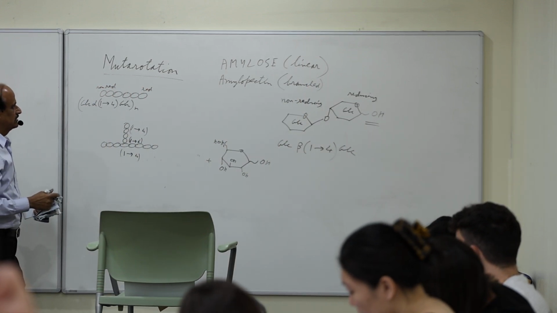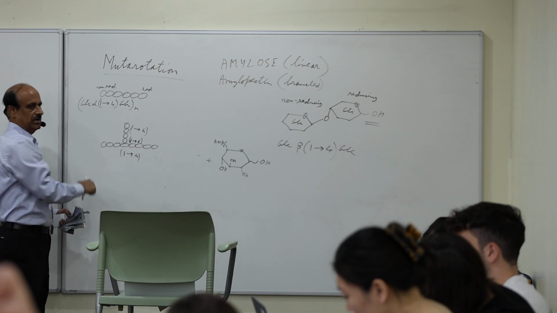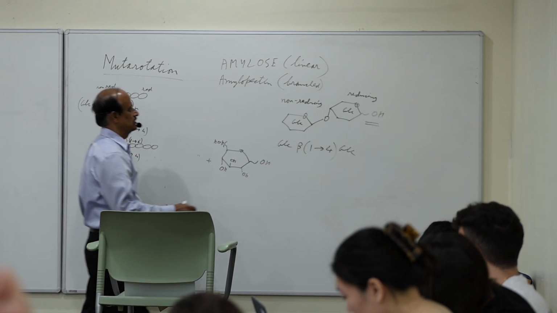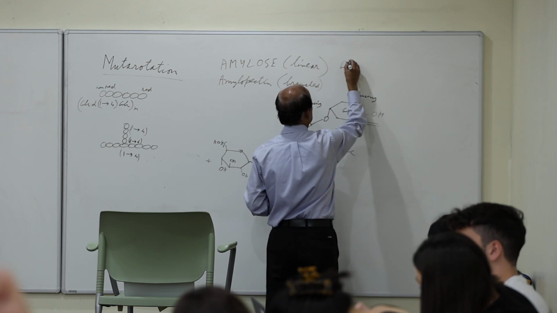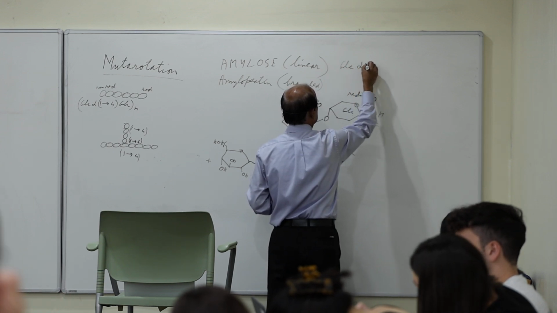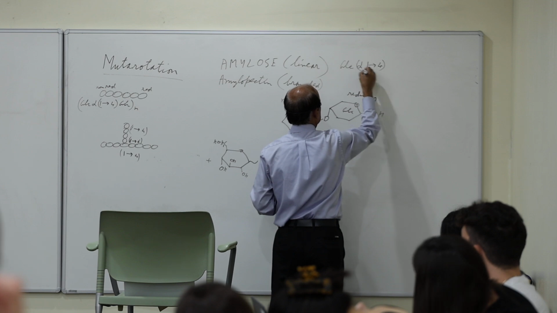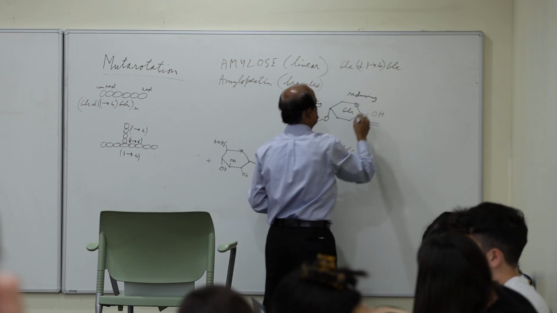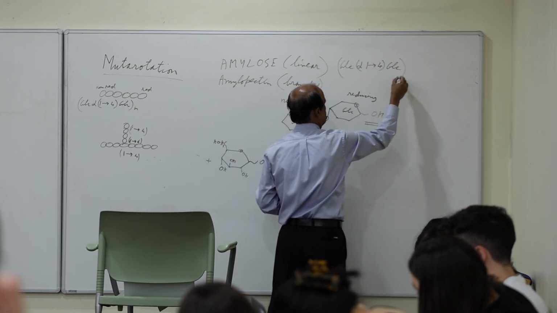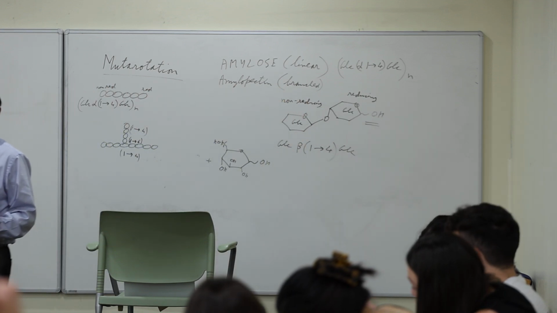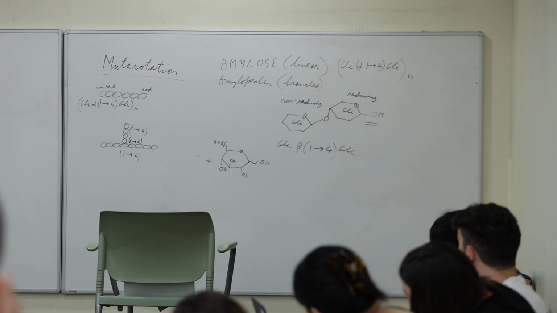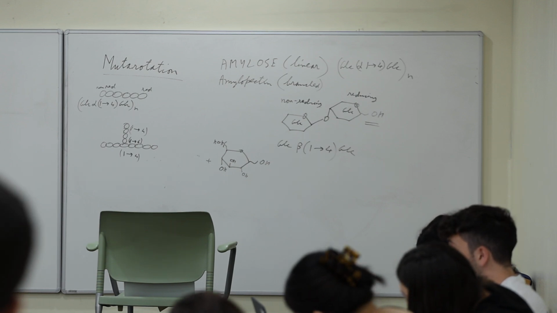So if it is linear, obviously you have to mention what kind of bond it is, and the bond is glucose, alpha 1,4 glucose. And this is repeated many times, usually about 6,000 or more times to make one polymer of starch.